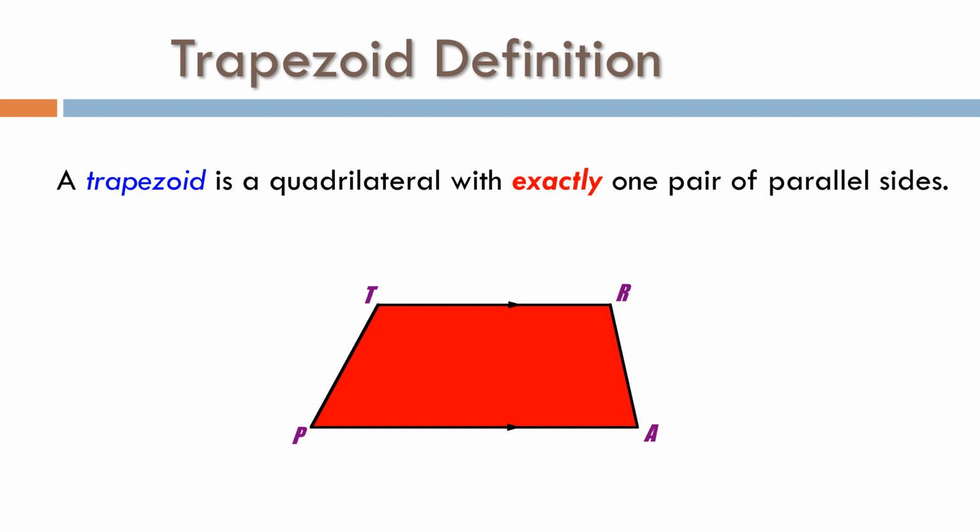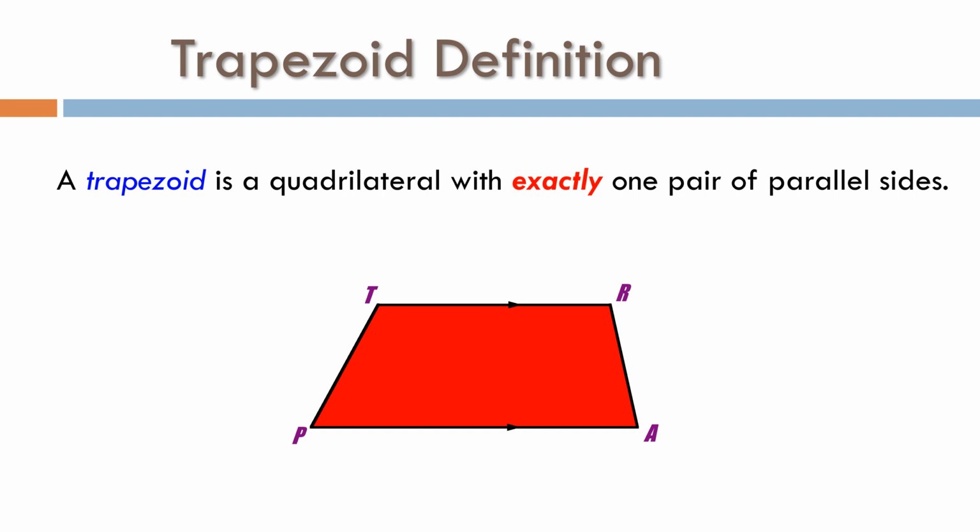What can you tell me about that figure, other than the fact that it's got 1 pair of parallel sides? For instance, what's the relationship between angle turtle and puma? Don't be bashful. Just throw it out there. Beautiful.